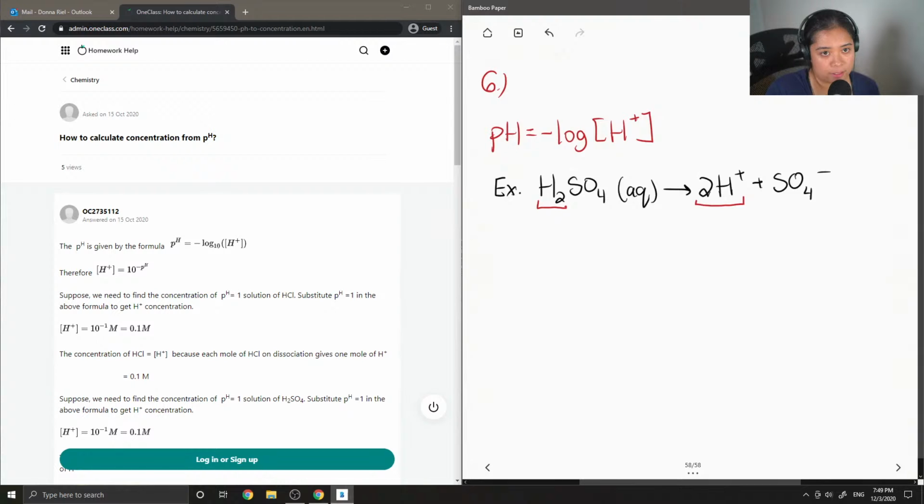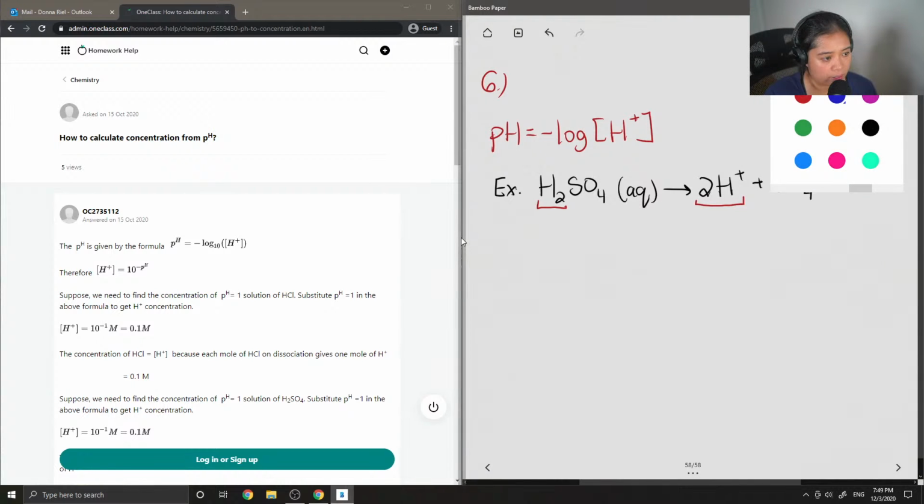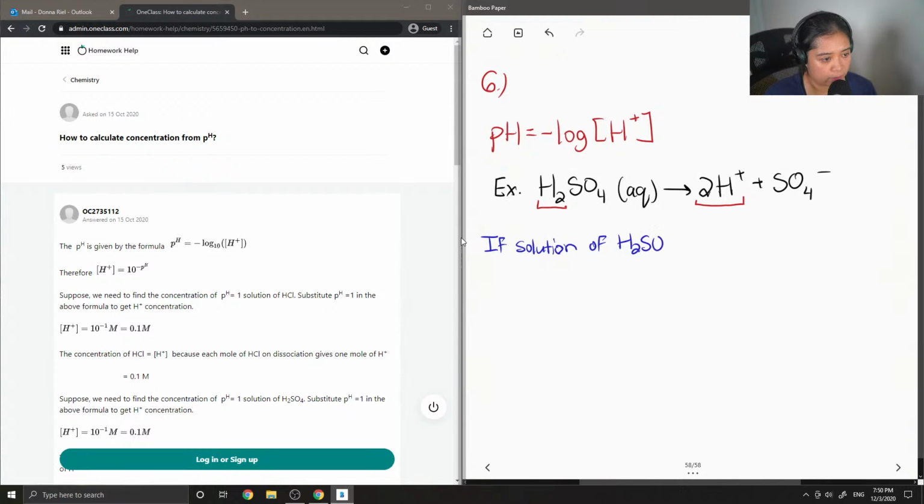So let's say the solution was given to us. So if the solution of H2SO4 has a pH of, let's say, 1, what was the initial concentration?